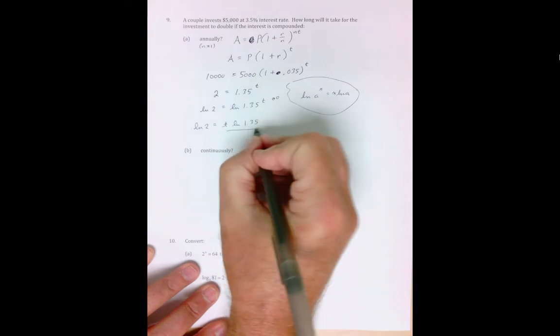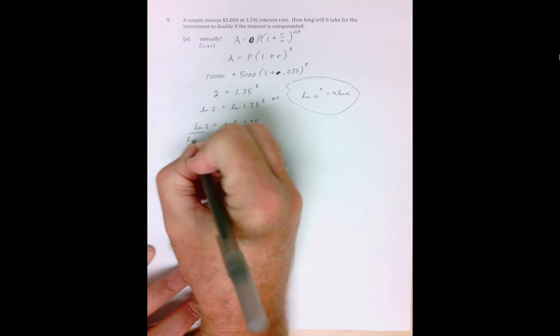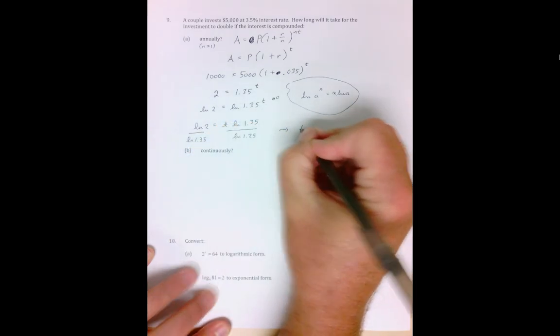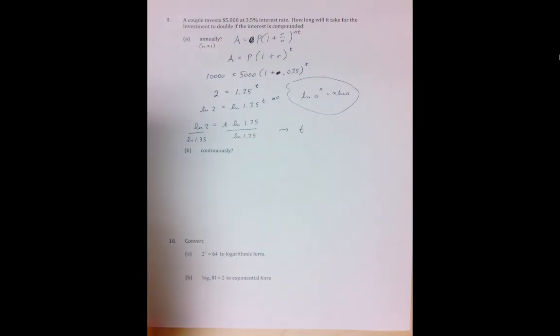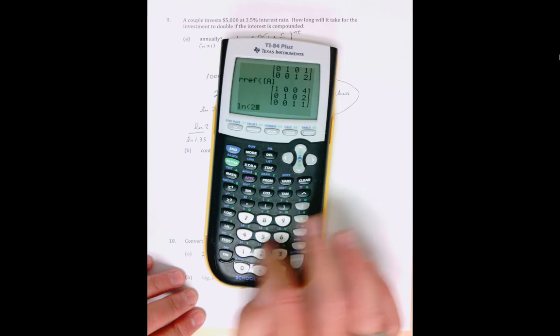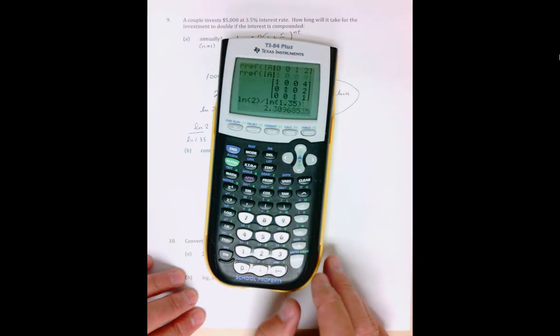So I'm going to divide both sides by the natural log of 1.35. And I can see that t is going to be 2.3 years.